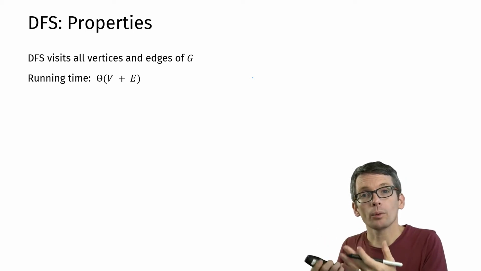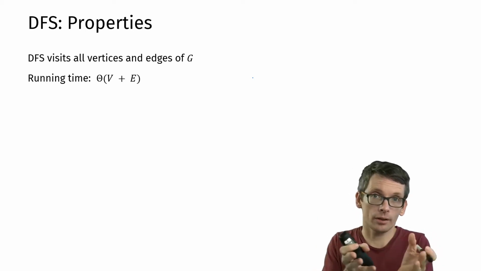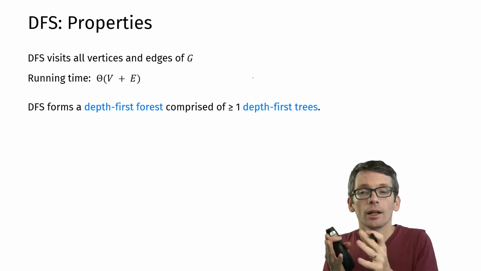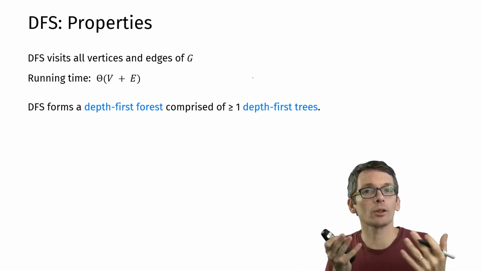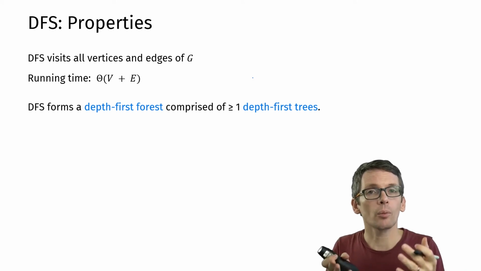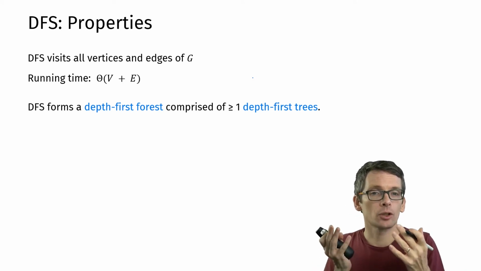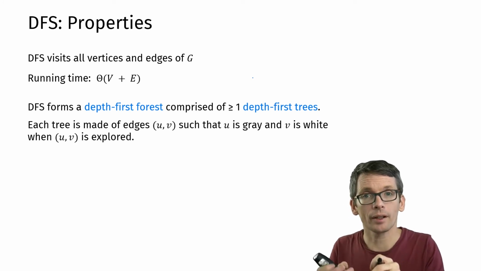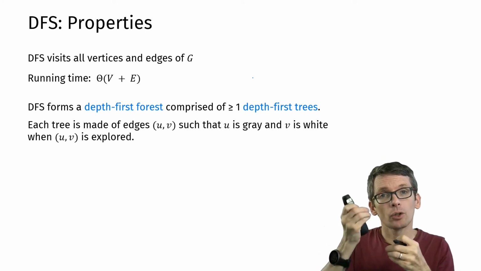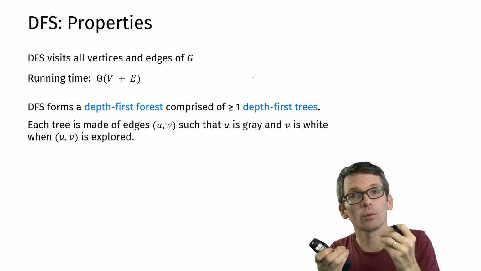Then what we get in terms of these green edges, or the predecessor edges, is a depth first forest. So what is a forest? A forest is a collection of trees. So we get one or more depth first trees. And the trees are comprised of the edges uv with the property that when we explored that edge, u was gray, v was white.